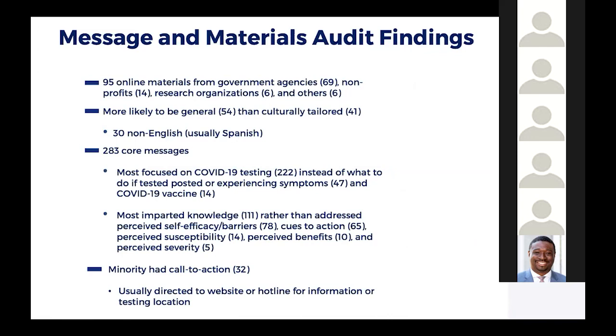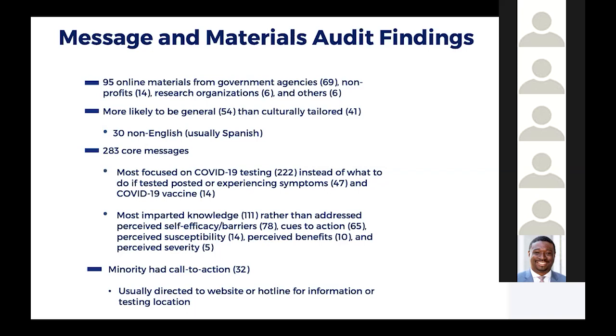We found that these materials were more likely to speak to the general public as opposed to being culturally tailored, although 30 of the 95 materials were not in English, and usually that language was Spanish. There were 283 core messages, and most of them focused on COVID-19 testing instead of what to do if you've tested positive or are experiencing COVID-19 symptoms, or the COVID-19 vaccine.